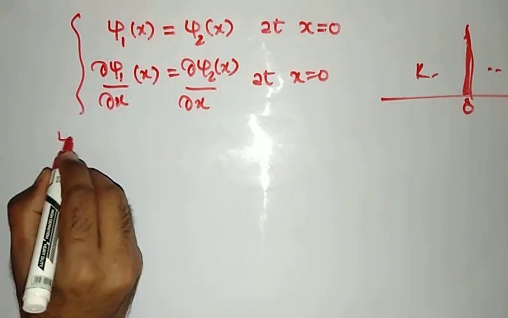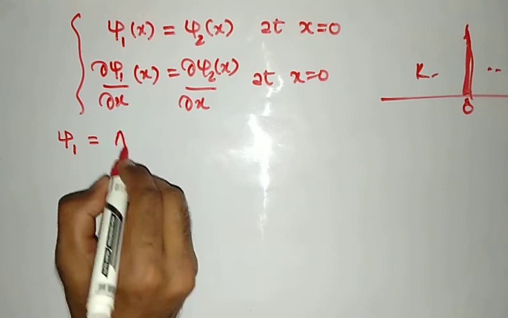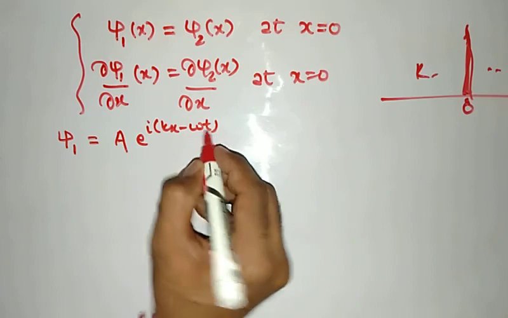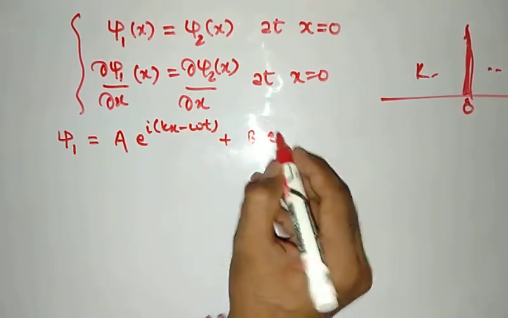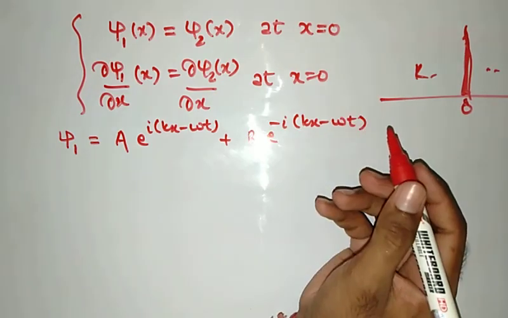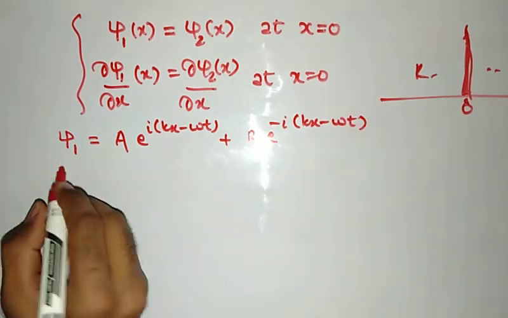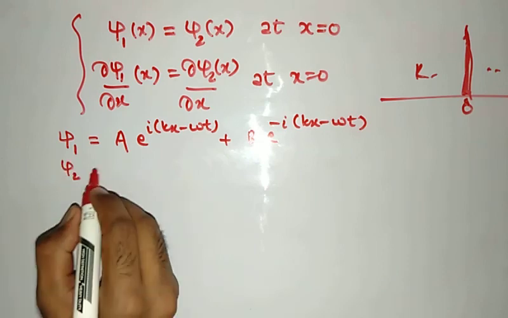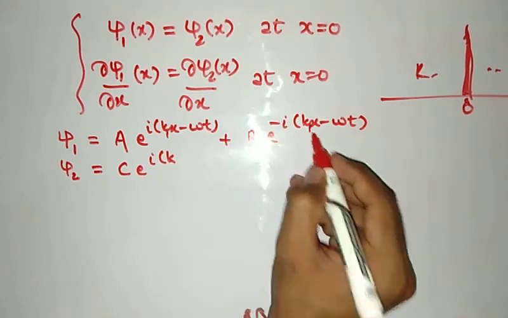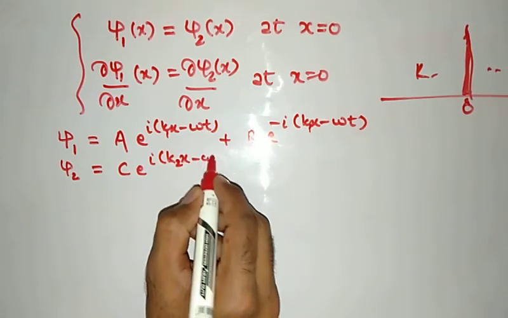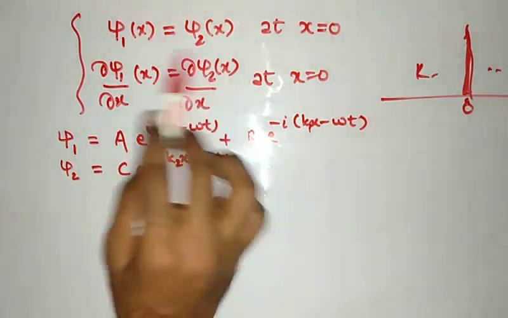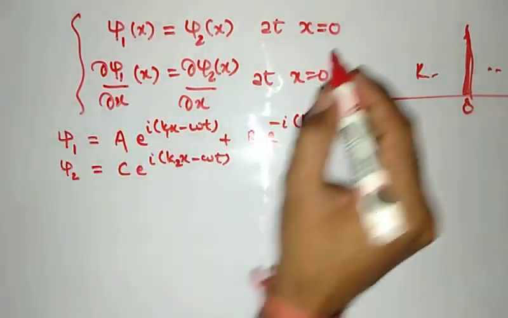We have psi 1 is A e to the power i(k1x minus omega t) plus B e to the power minus i(k1x plus omega t), and psi 2 is C e to the power i(k2x minus omega t). Now use this relation, first and second.